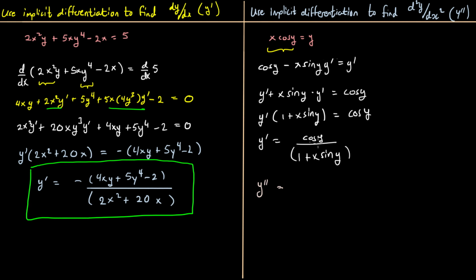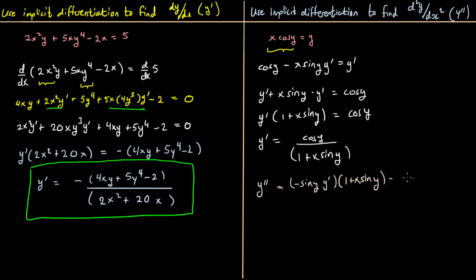So that's going to be the derivative of cosine of y, which is minus sine of y. And then, of course, because of chain rule, we have y prime. And all of this times the denominator. So that's 1 plus x sine of y.